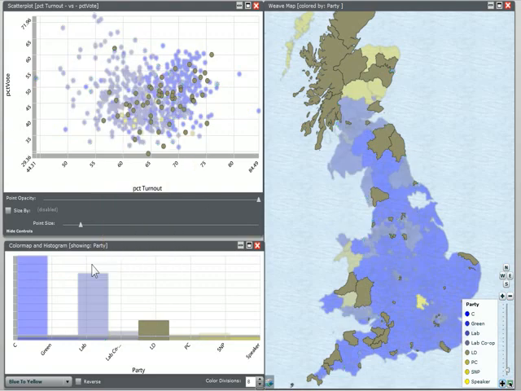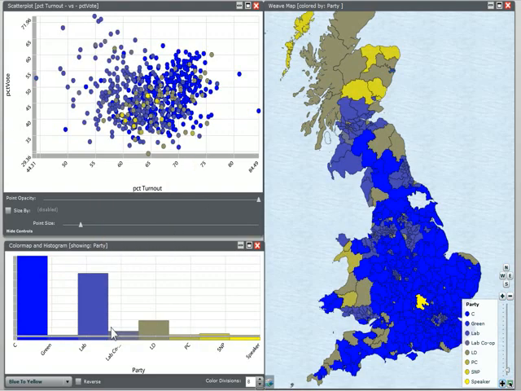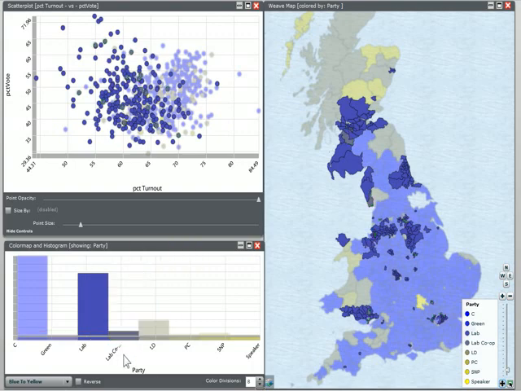As one would expect, Labour and its sister party, the Labour Cooperative, had its strength in urban areas in England and southern Scotland, with a fair number of safe seats.